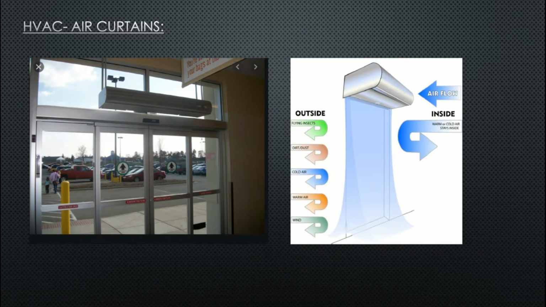As you can see in the image on the right side, the inside environment is separated from the outside environment, and the inside conditioned environment, whether it is cold air or warm air, is going to stay within the inside environment. On the outside, you can see the flying insects or dust or whatever the outside temperature is. It is going to be isolated from the inside environment by air curtains.